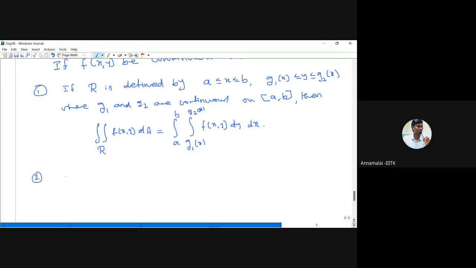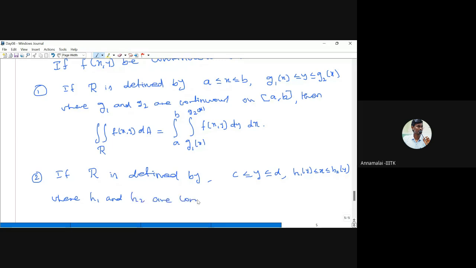So if R is defined such that y is fixed, that is y is bounded by c and d, but the x bounds are some function h1 of y less than or equal to x less than or equal to h2 of y, where h1 and h2 are continuous functions on c comma d.